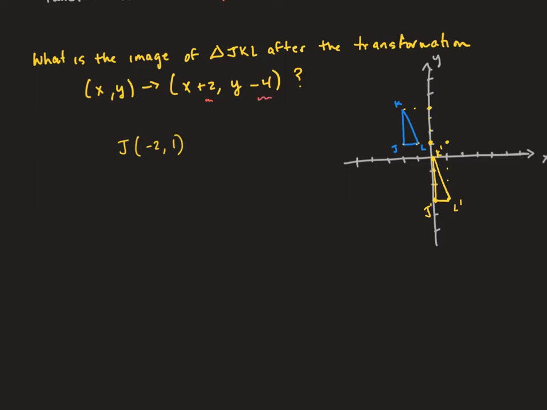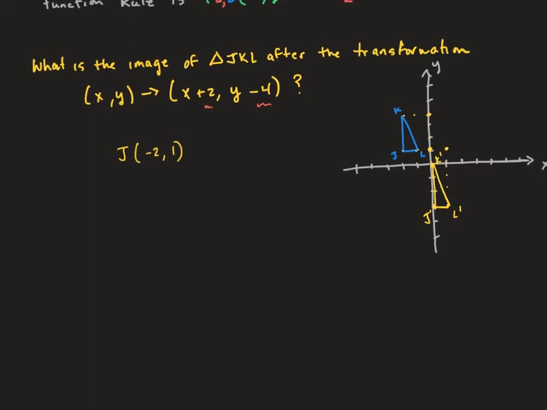So for my image versus my pre-image, J1 is going to be negative 2 plus 2, because that's my translation, and then y is going to be 1 minus 4, because that was my translation here. So J prime is going to be equal to: the x value is 0, and the y value is negative 3.